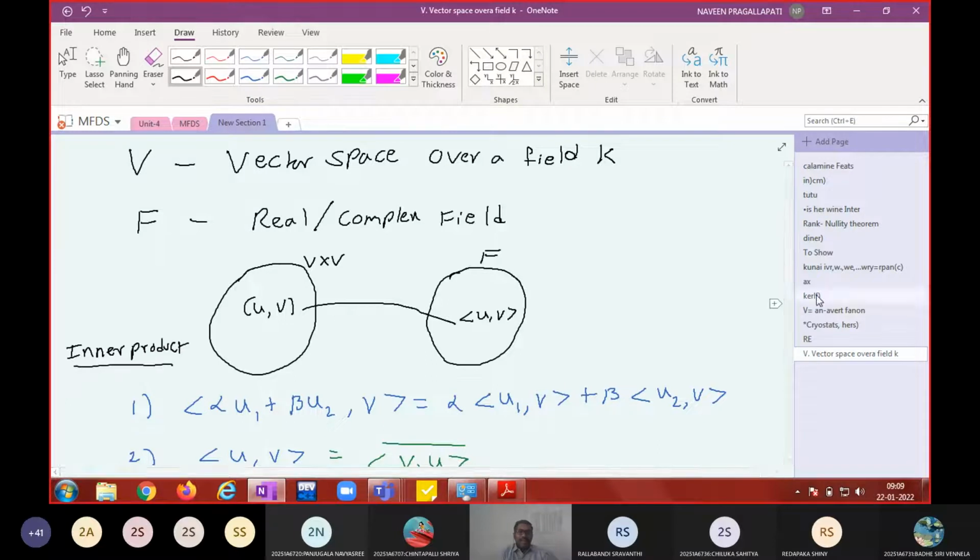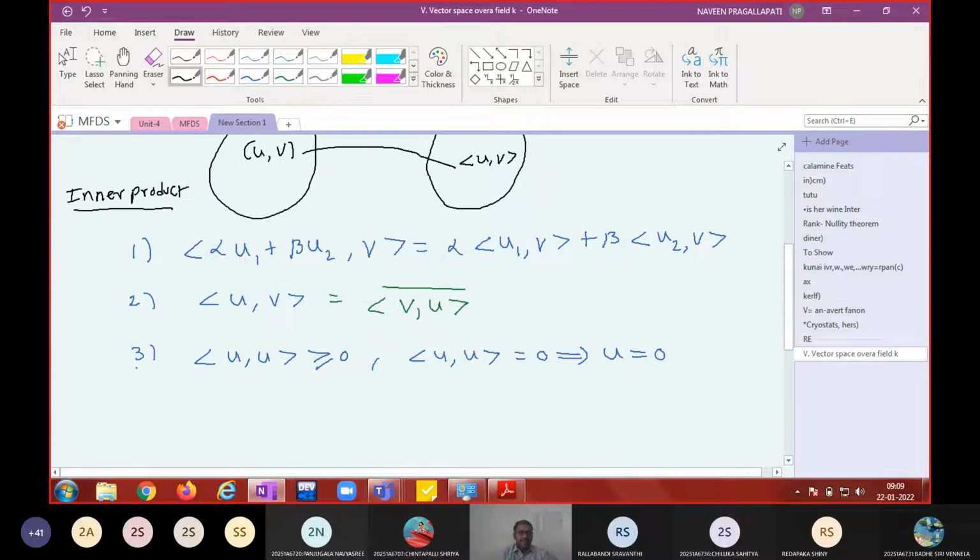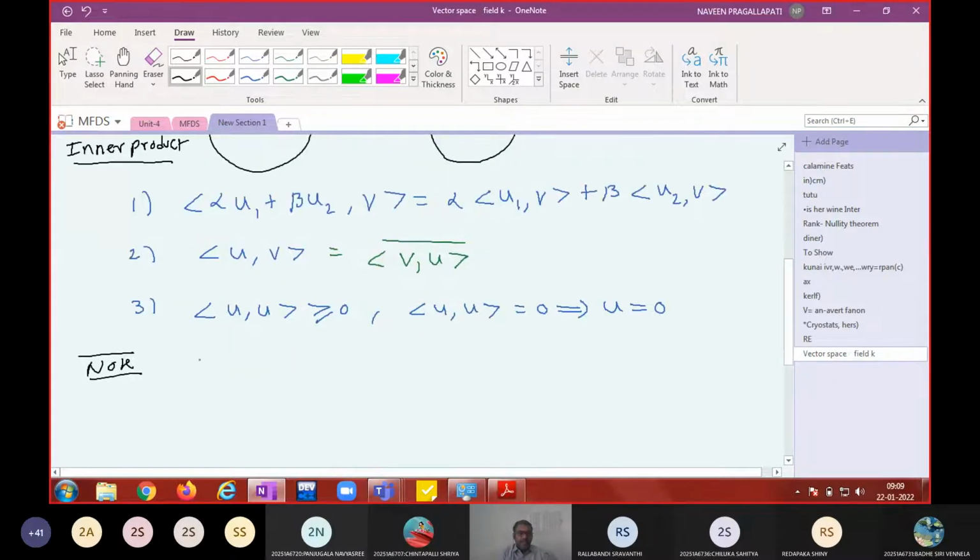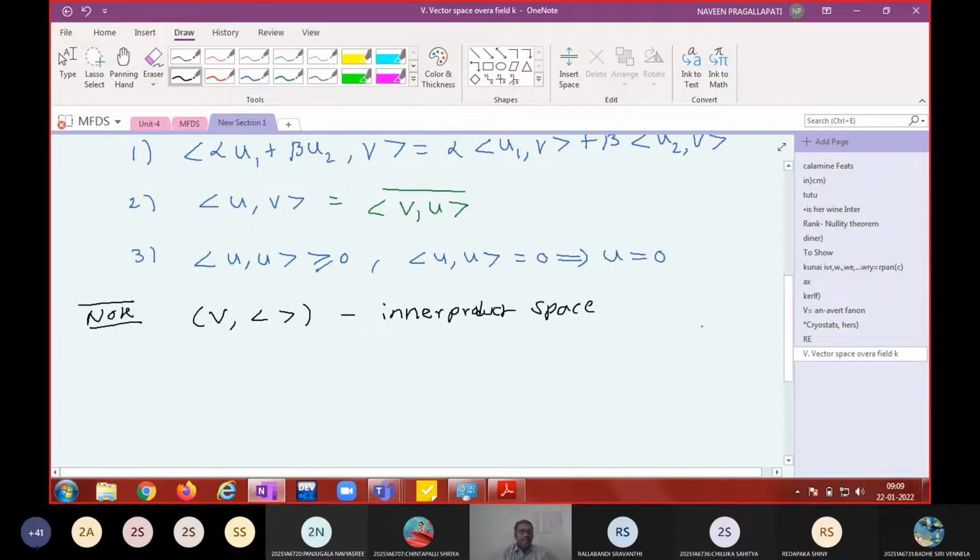And the vector space together with this function, the inner product, is called an inner product space. So the algebraic structure, a vector space together with the inner product, is called the inner product space.